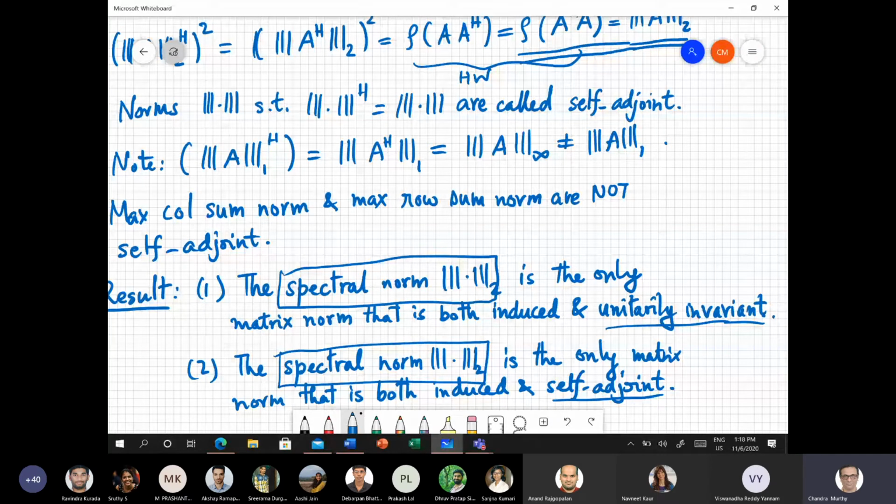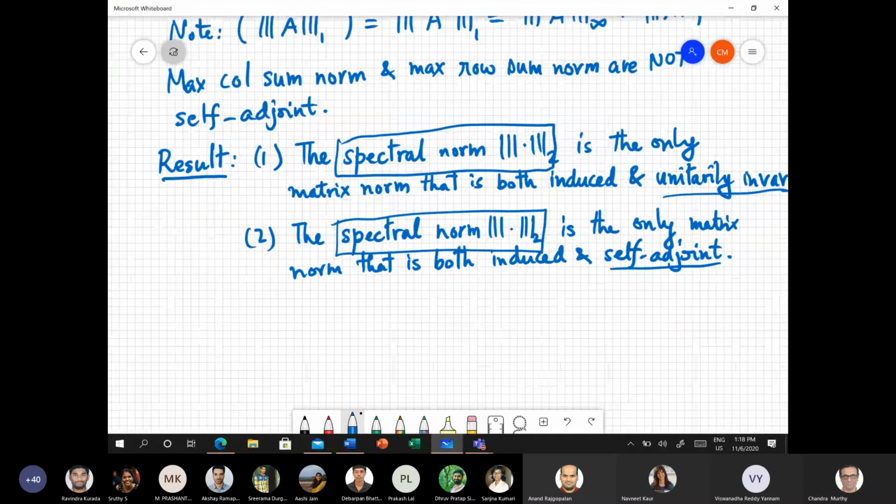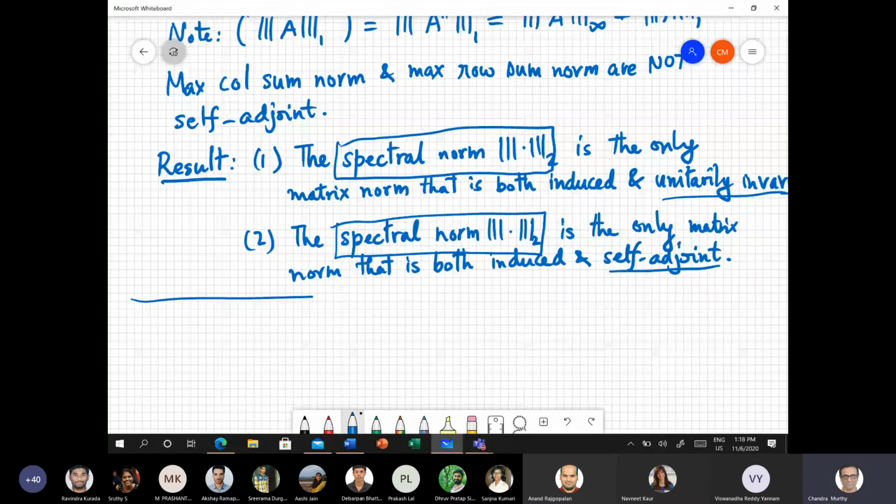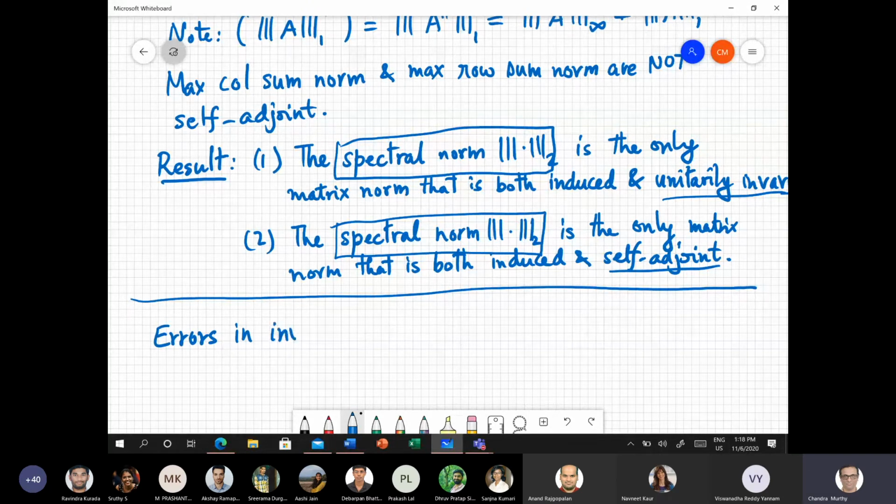Now, if I start on the next thing, I need about, let me see. Okay, so let's just maybe make a few remarks and see how far we can go. Inverses and solutions to linear systems.